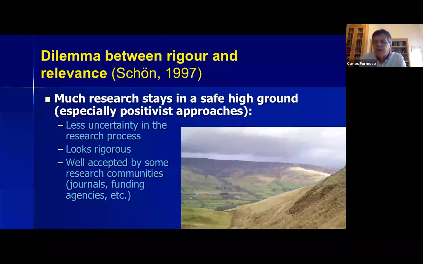So what is the problem of having this mismatch between the research methods and the aims of the research, as I mentioned before? One of the reasons for adopting these traditional ways of doing research, case studies, experiments, action research, surveys, there are so many surveys being done in the world at the moment.